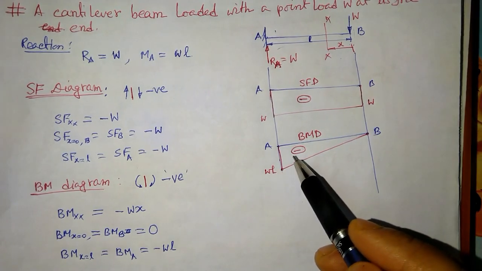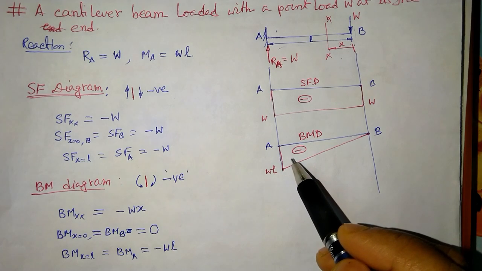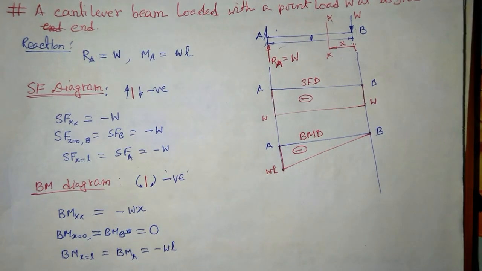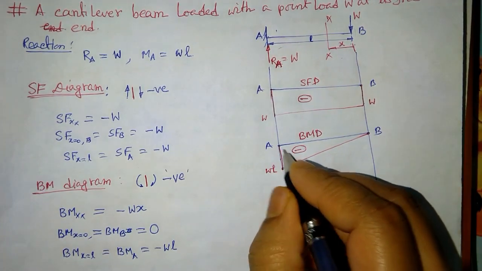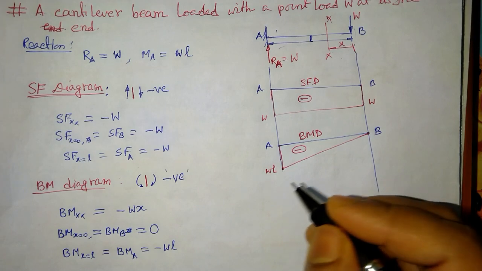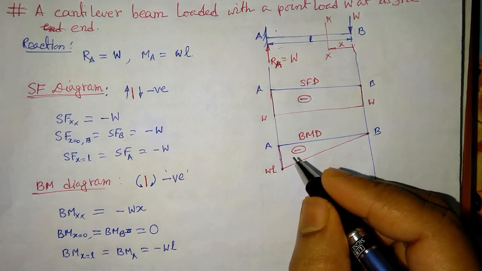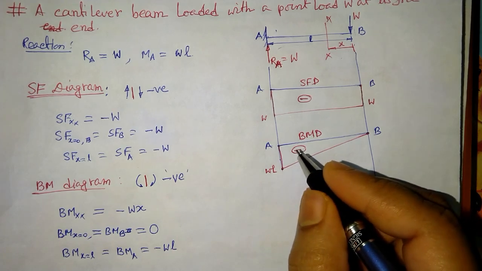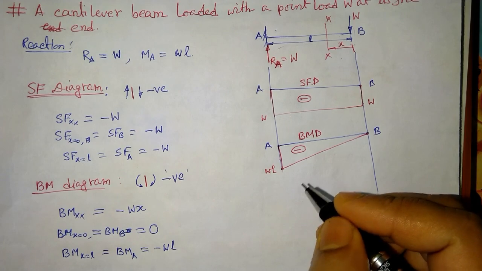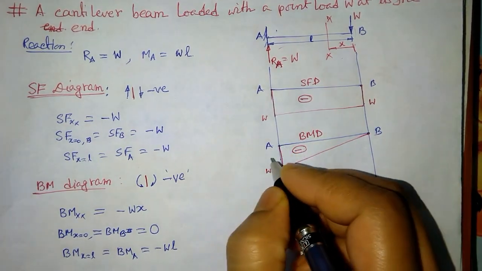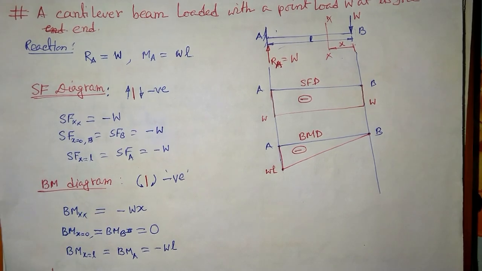In many objective questions, a very frequently asked question is: maximum bending moment for a cantilever beam is at the fixed end, at the free end, or at the midpoint of the beam. So keep in mind always it is at the fixed end.